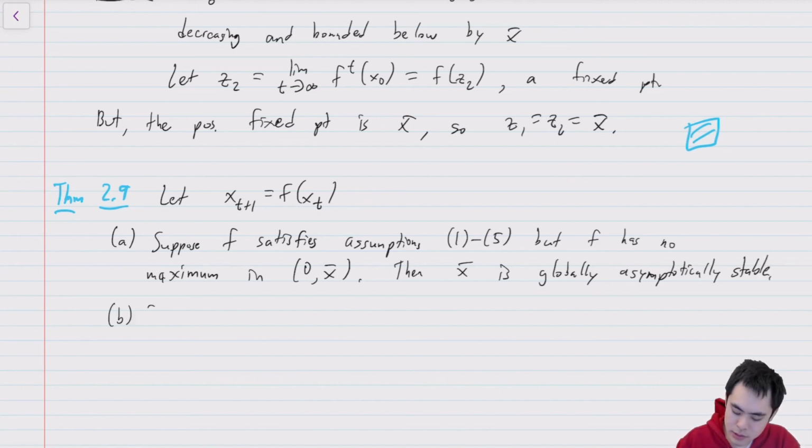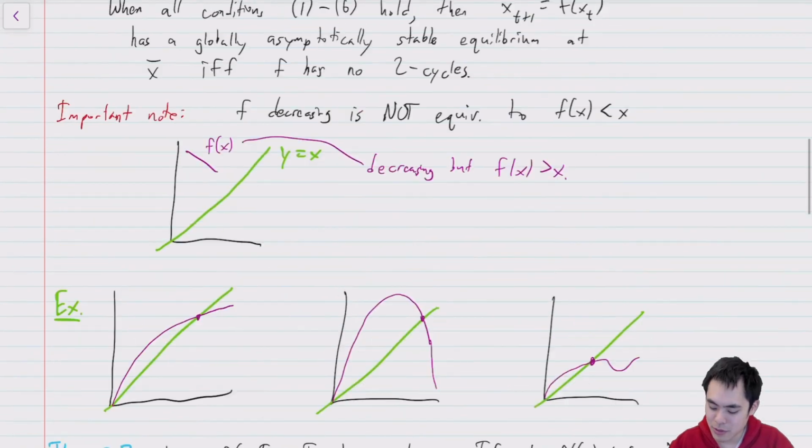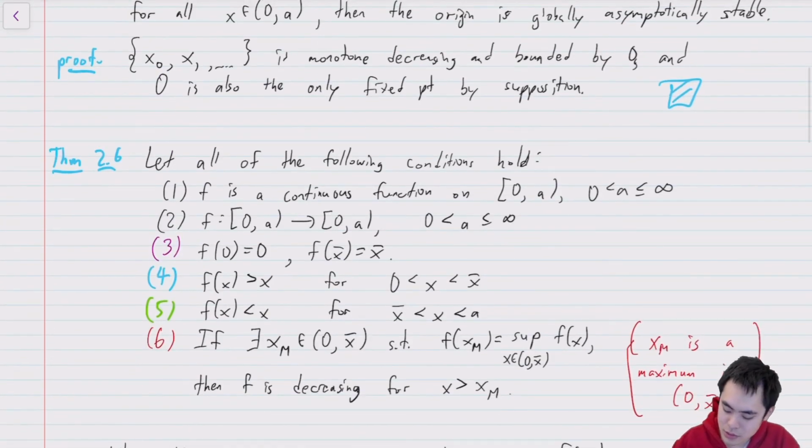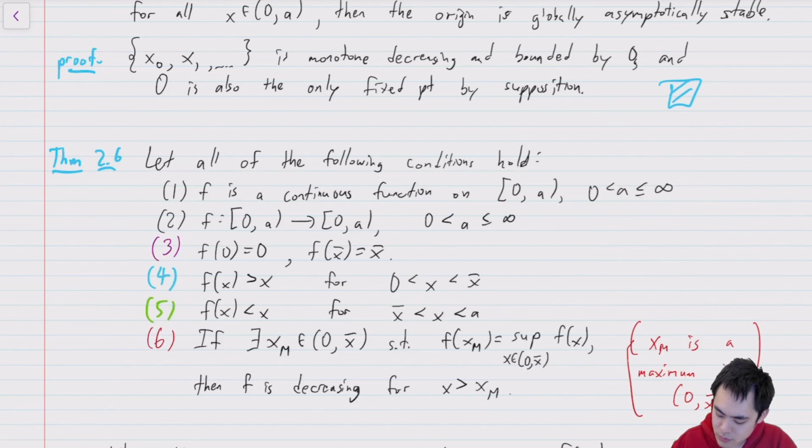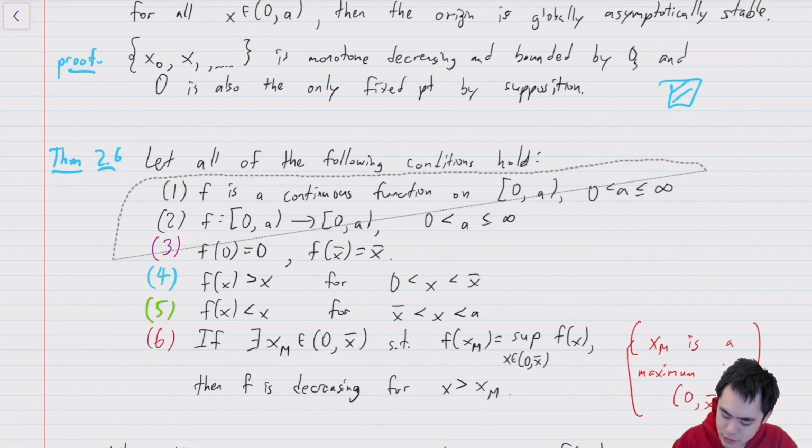And B, suppose f satisfies... Let me actually copy the conditions. That might make things a little bit easier, just so that we can keep in mind what these are. Let me try that again.